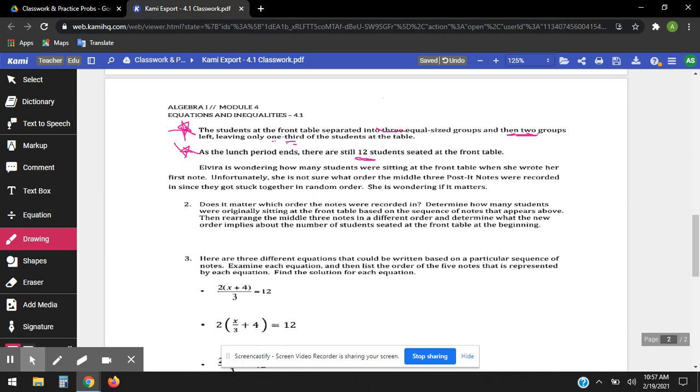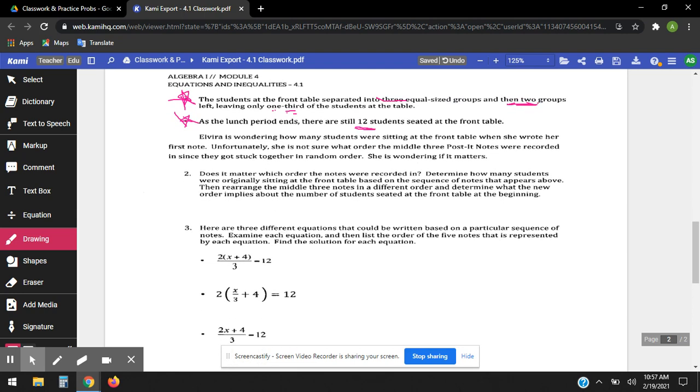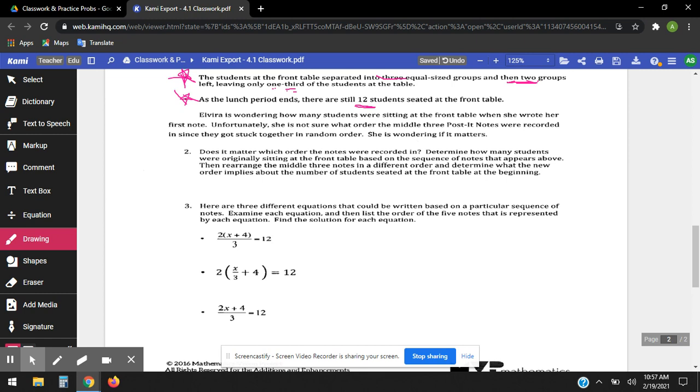Unfortunately, she's not sure what order the middle three Post-it notes were recorded in since they got stuck together in random order. Does that matter? Well, that's number two. Does it matter what order the notes were recorded in? So determine how many students were originally sitting at the front table based on the sequence of notes that appears above.